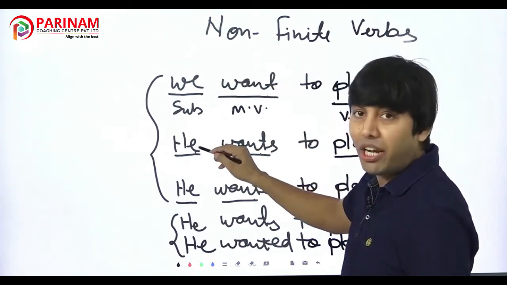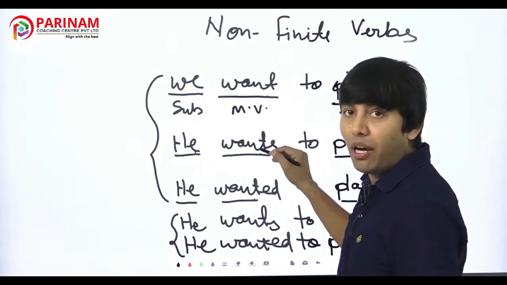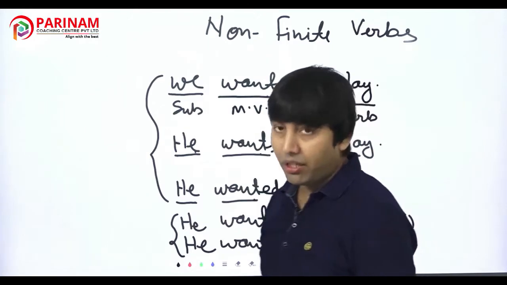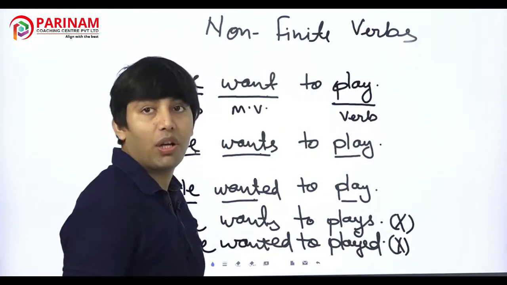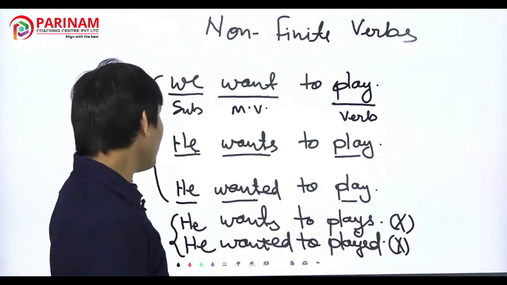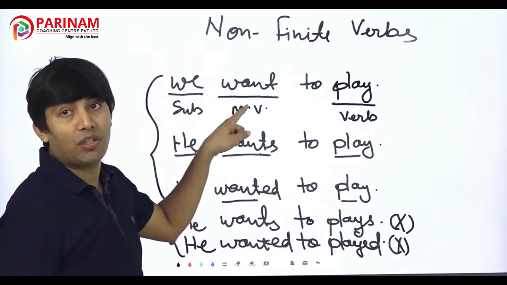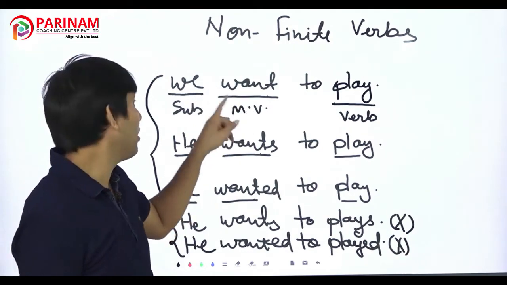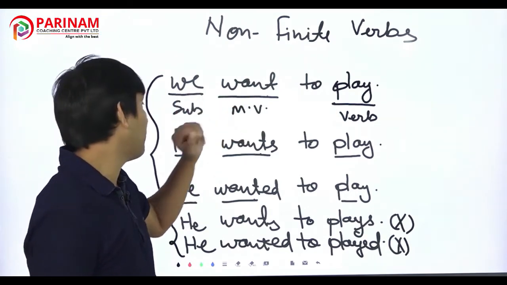Here the subject is he and it is a singular subject, and that's why I have written a singular verb, because the very first rule of English grammar is, if the subject is singular, the verb should be singular. If the subject is plural, then the verb should be in plural form.